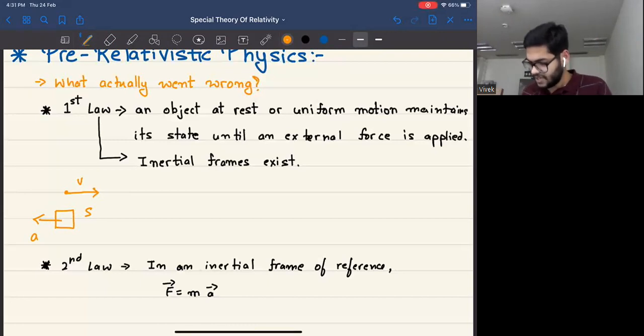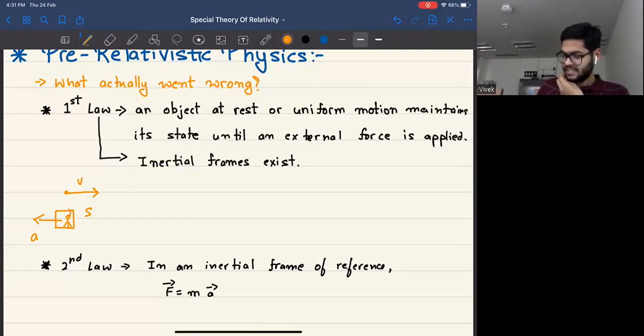Because this frame of reference is itself accelerating with an acceleration a, a person standing inside this frame must notice that this particle, which let us call a, is accelerating in the opposite direction.